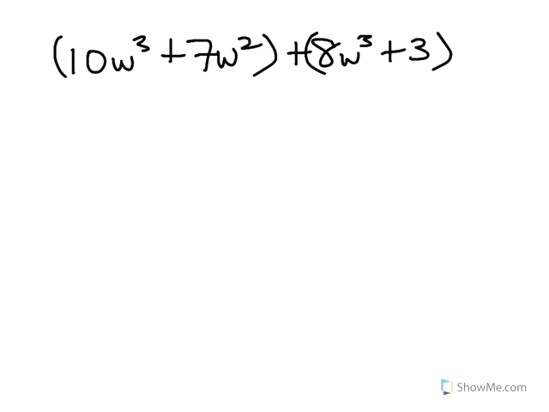Now we start encountering some of the little tricks that book authors and test makers can play with you. This problem here requires us once again to use our like terms skills. So make sure you're matching up terms that have the same degree. 10w cubed matches up nicely with 8w cubed. 7w squared, however, doesn't match with anything in the other polynomial.